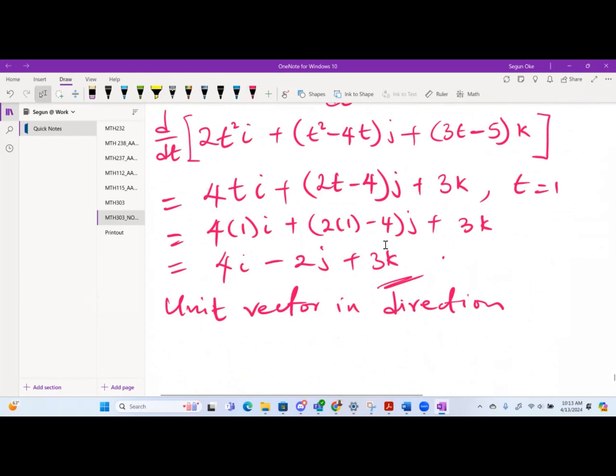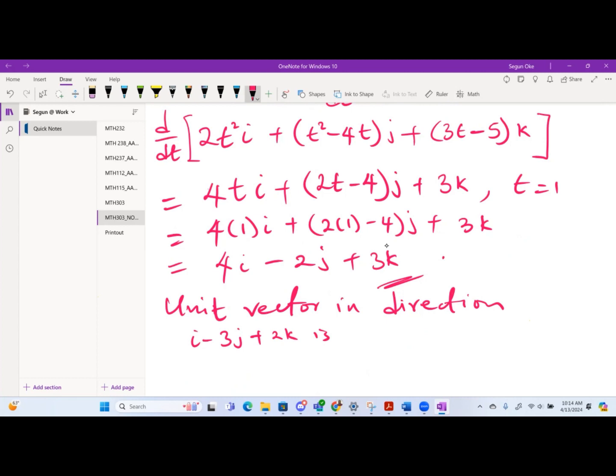So our unit vector in this direction will be the direction over the magnitude of the direction.